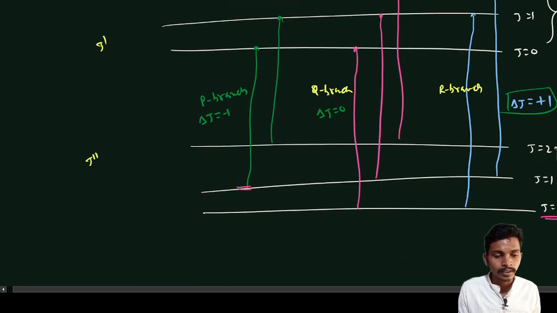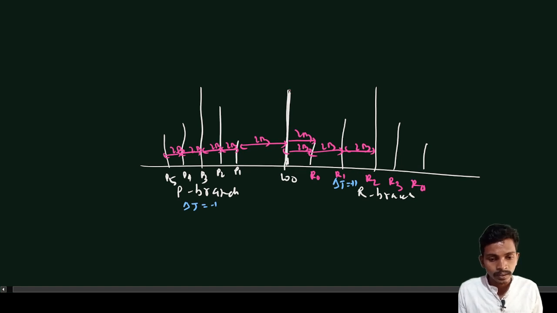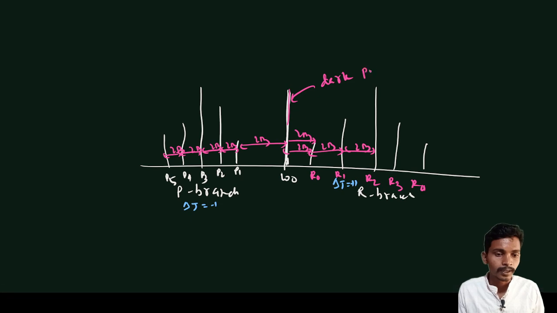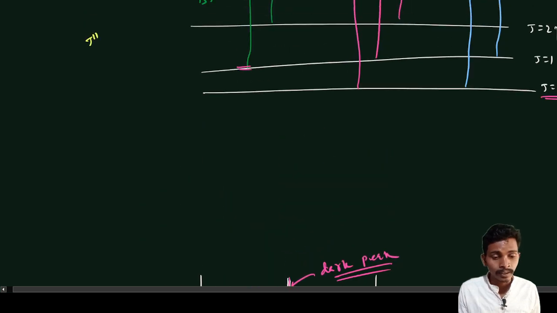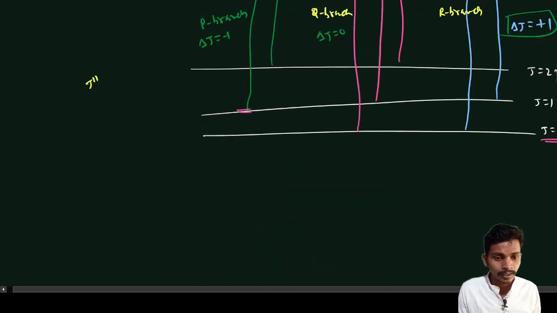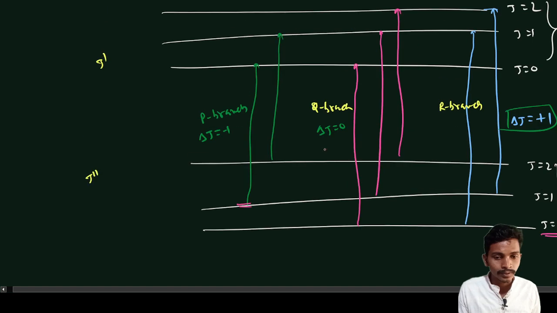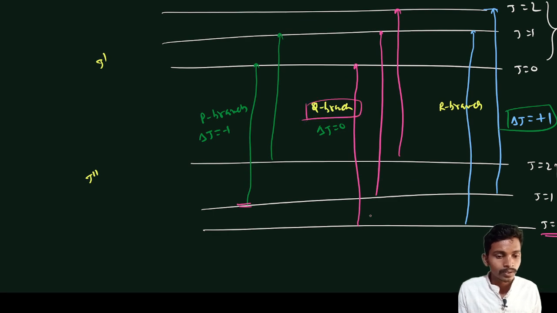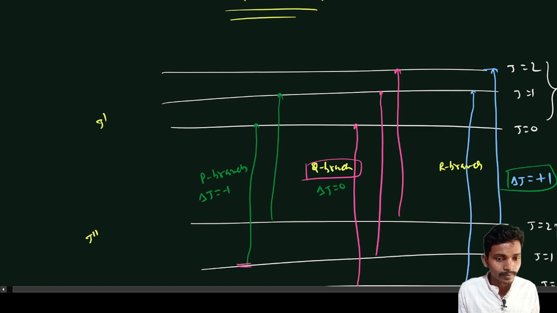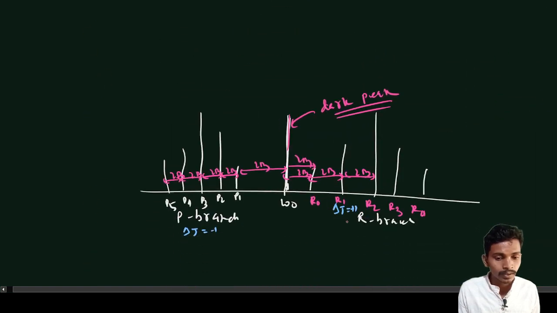And what you see is that for the Q branch, a dark peak will come. The reason for getting a dark peak is that whenever you do transitions from j equal to 0 to j equal to 0 for the Q branch, I'm talking about the Q branch, whether it may be j equal to 0, j equal to 1, in all cases we are getting only omega naught.